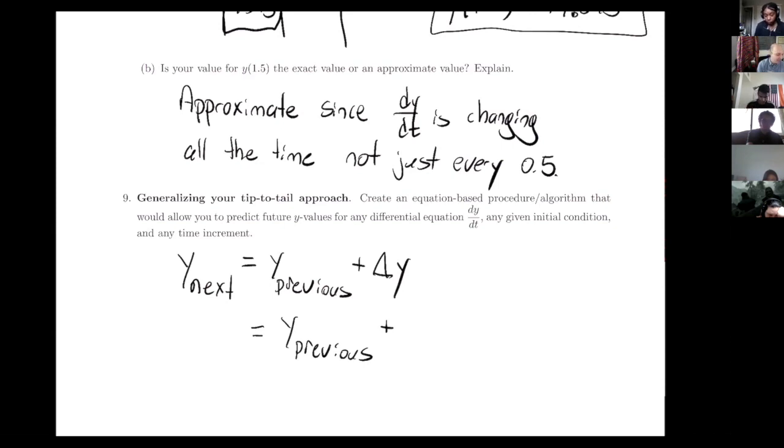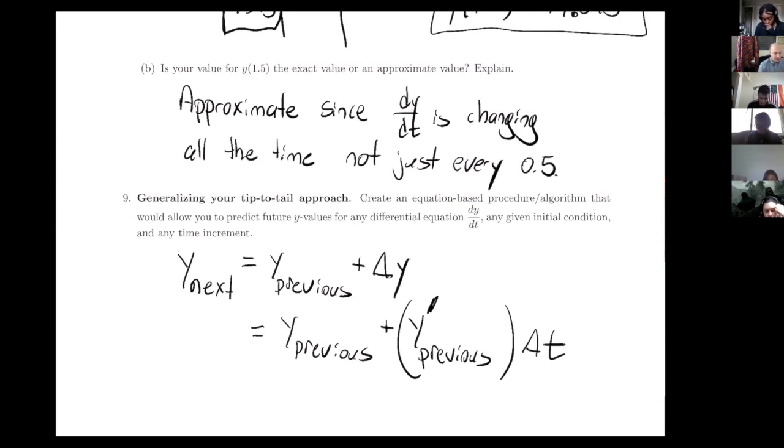So what things do I need to know in order to estimate delta y? The derivative and the change in the time value. And here I just want to be certain that we're picking the derivative from the start of that time period.